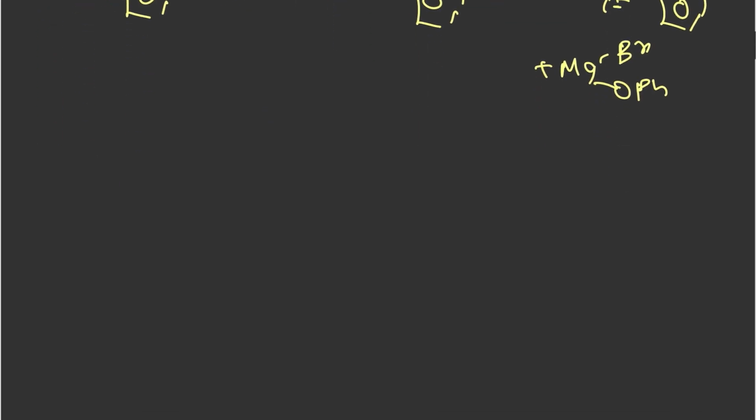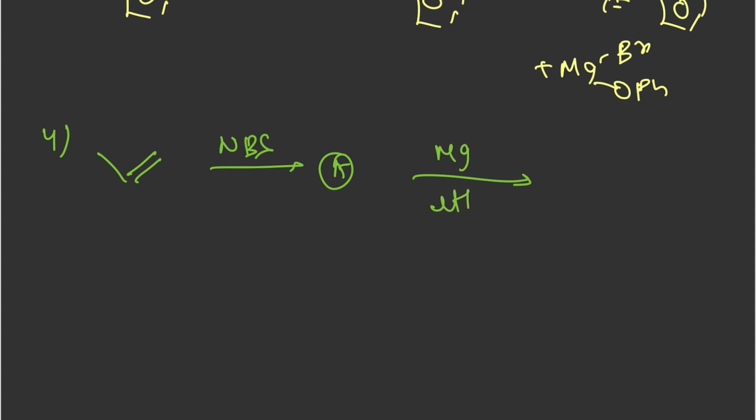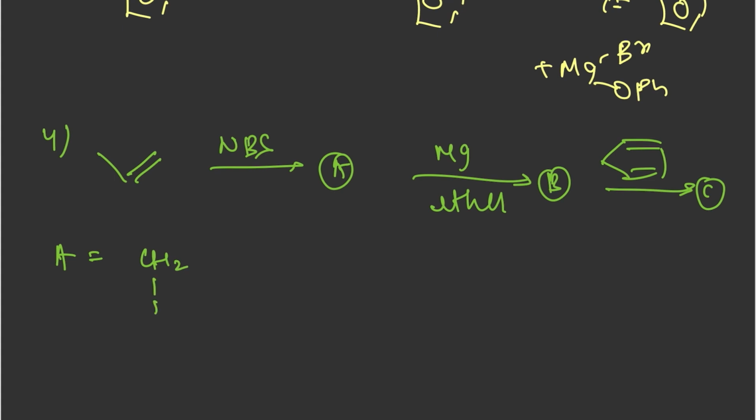Fourth, this will react with NBS to give A. That will react with magnesium ether to give B. B will react with this compound and will form C. So A will be allylic substitution. We all know NBS does allylic substitution.